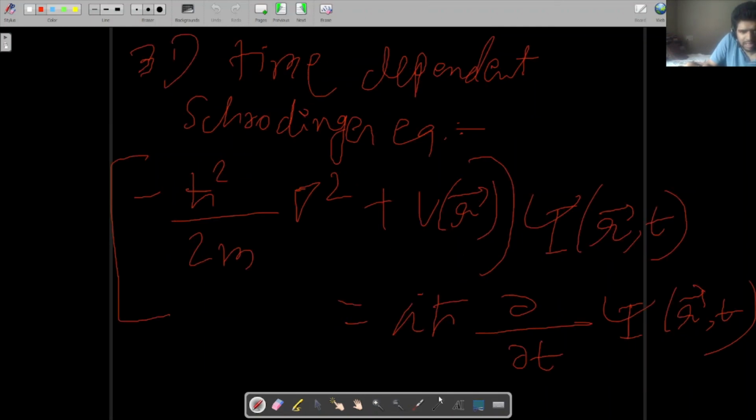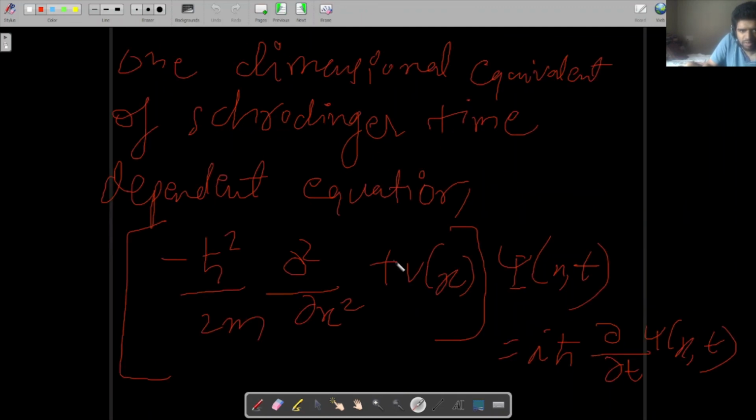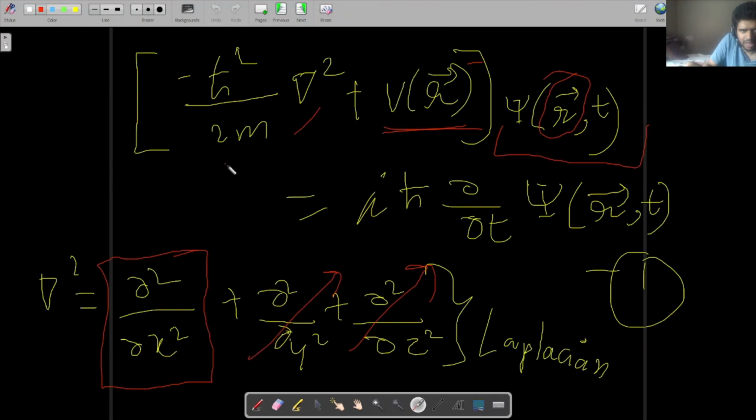Everywhere here there is r, here there is r, here there is r, and in its place you will put x, x and x. And the Laplacian, which is given like this, will reduce to del 2 by del x square for one dimension.